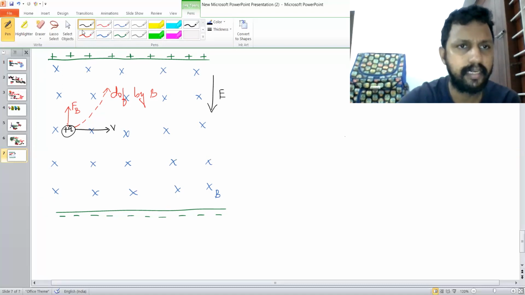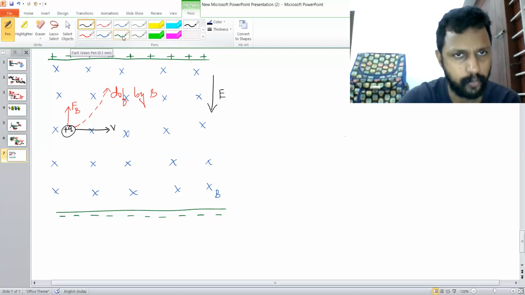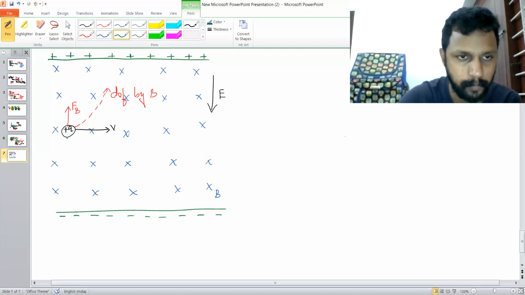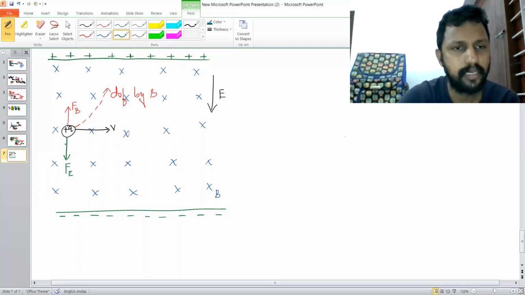Due to this electric field, the charged particle will experience an electrostatic force, and that electrostatic force will be downwards. We'll call this Fe since it is the electrostatic force.